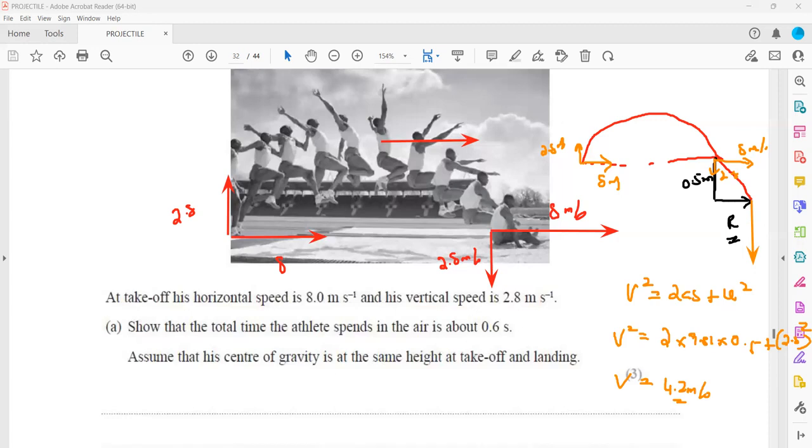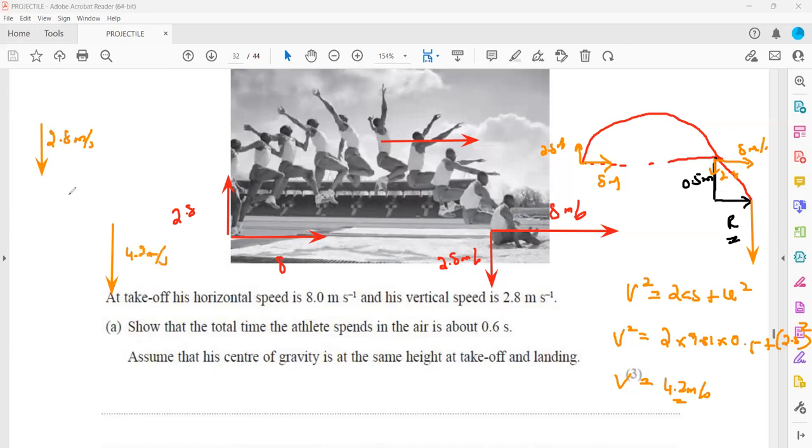Now we basically have the vertical velocity when he is falling: one velocity is 2.8 meters per second, then the next velocity is 4.2 meters per second.